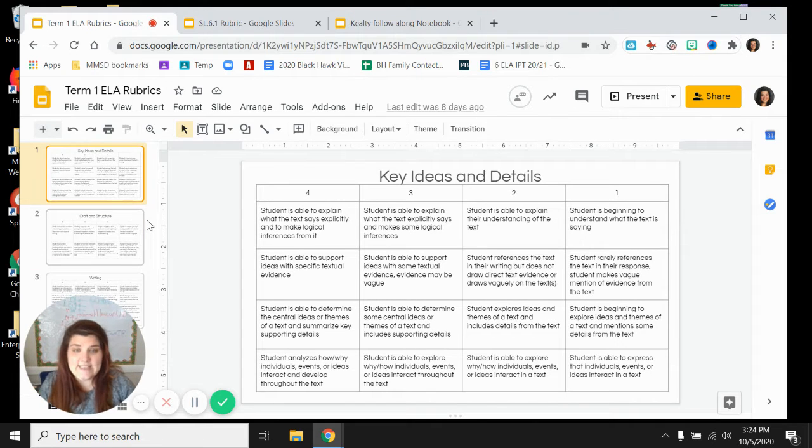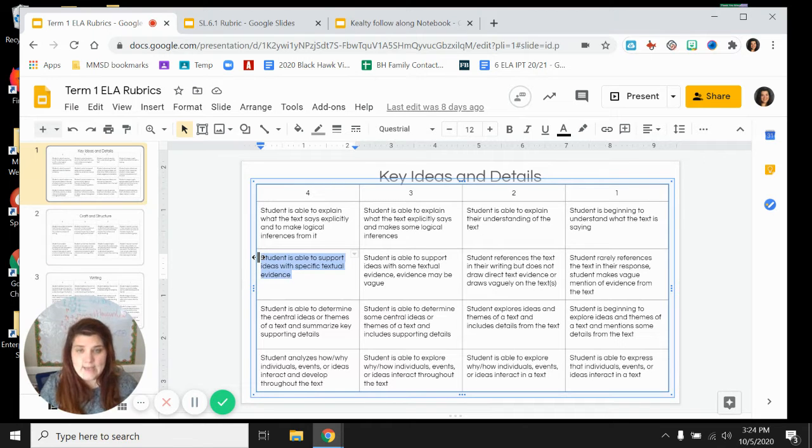When you look at Key Ideas and Details, each time we do a note-taking guide in your digital notebook, you are going to get a grade under Key Ideas and Details. So let's say, for example, we're looking at this one right here, okay? Student is able to support ideas with specific textual evidence.